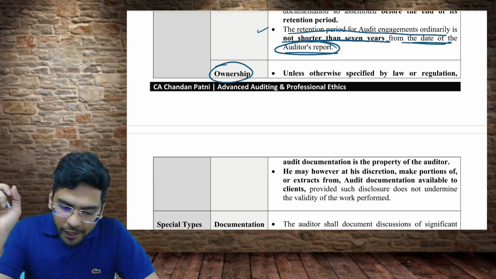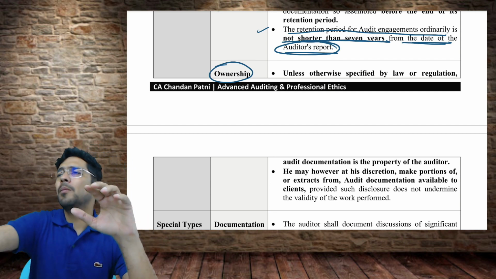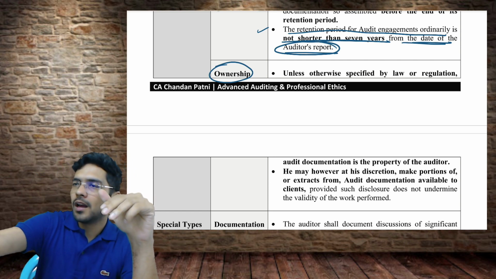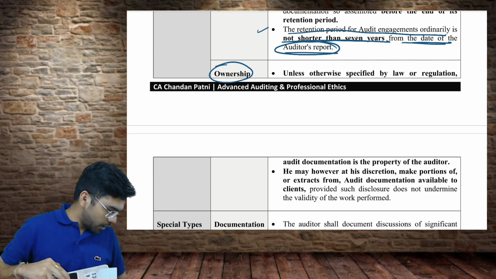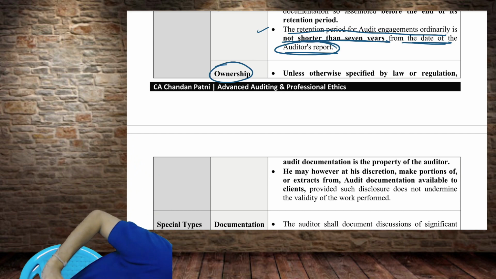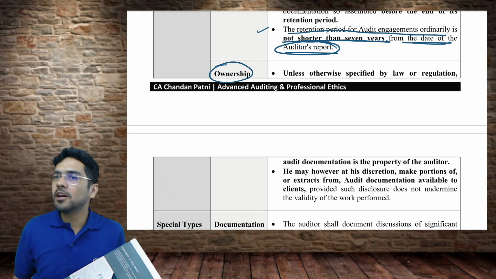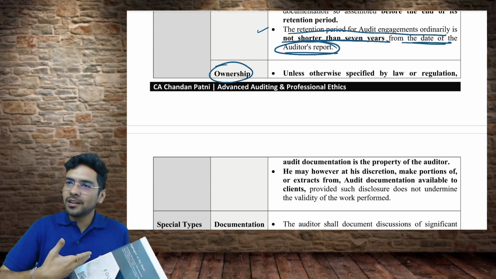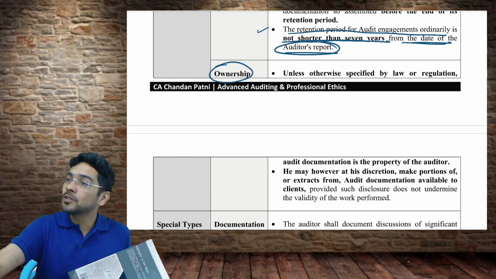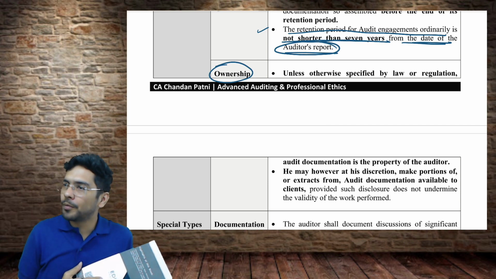Now, let's say you are my client, the management, and this is my working paper. You are asking me for my working paper, should I be giving it to you? I have made this working paper from the data and documents that you had given. So why do you even need my working papers?